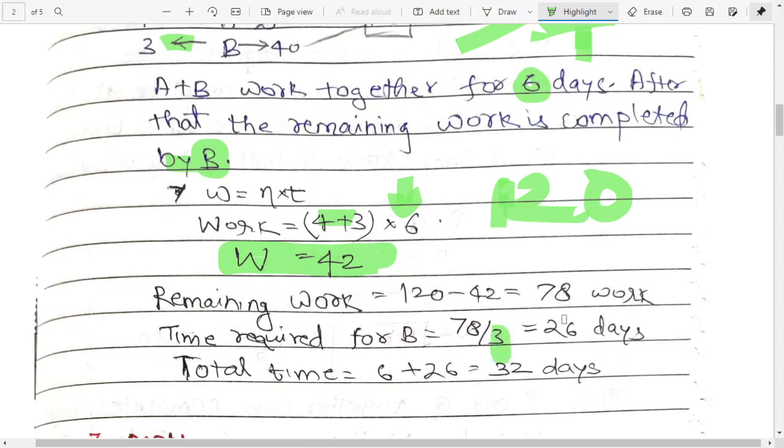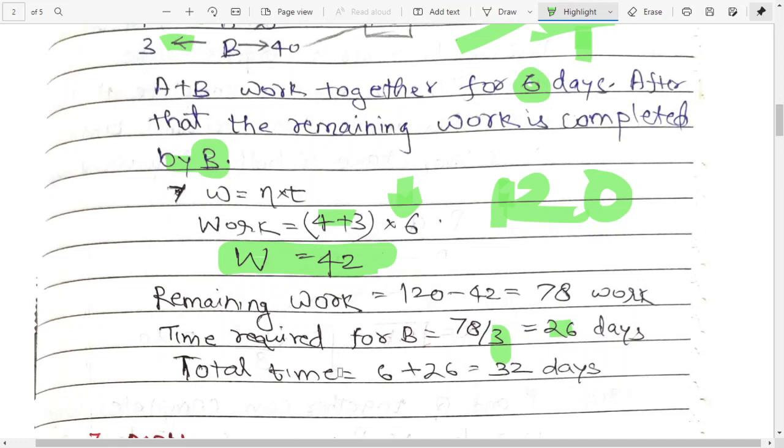If you divide the total work, 78 divided by 3, you will end up with 26 days required to complete the remaining work by B. And what was the total time B worked? A and B performed 6 days together on the same project. So the total time for B is 6 days worked earlier and 26 days worked individually. If you add them, the total time by B is 32 days. So you will end up with the final answer.